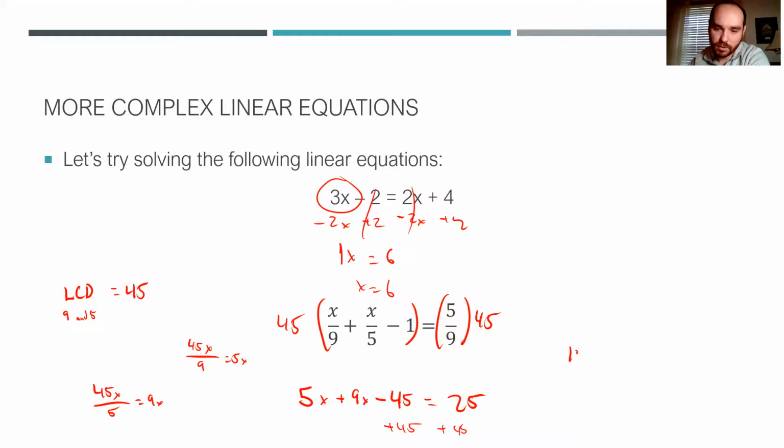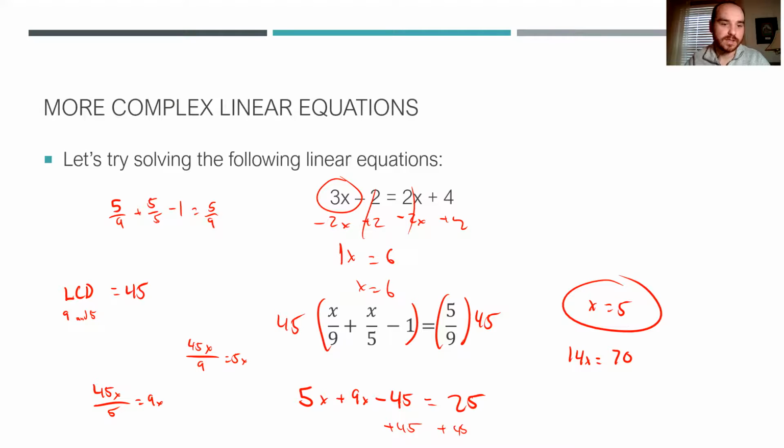We get 14x equals 70, and then that means that x equals 5. And you can plug that back in and check. So you'd have 5 over 9 plus 5 over 5 minus 1 equals 5 over 9. And since obviously this is plus 1, this is minus 1, these cancel out. You have 5 9ths equals 5 9ths, which is correct.